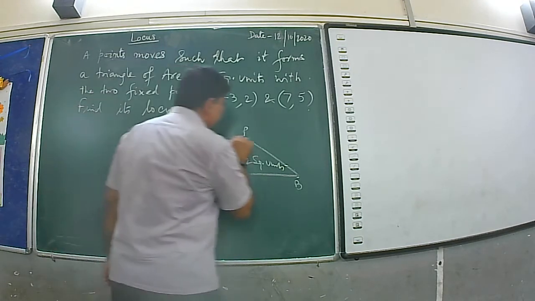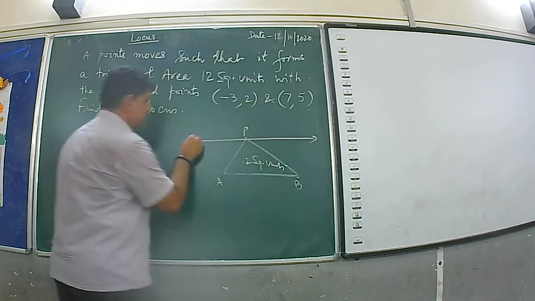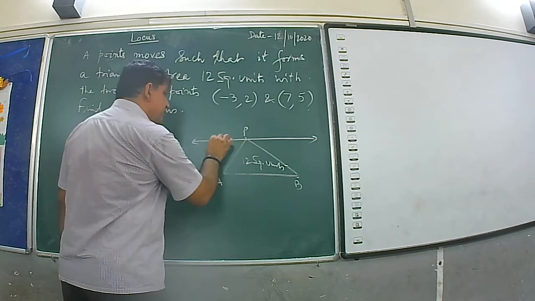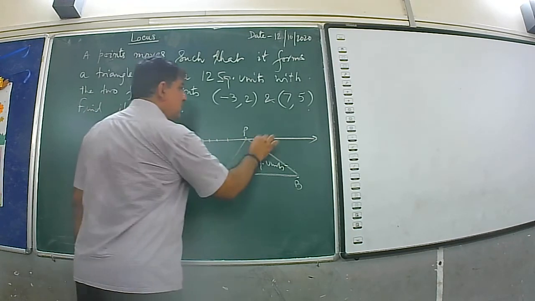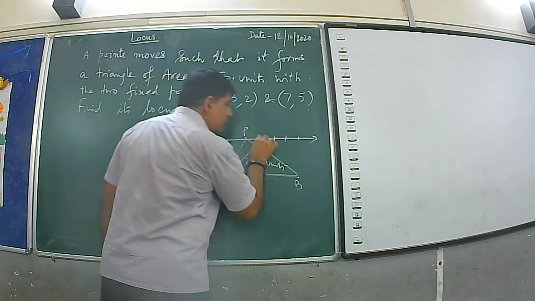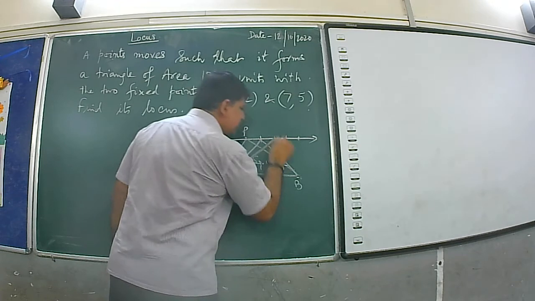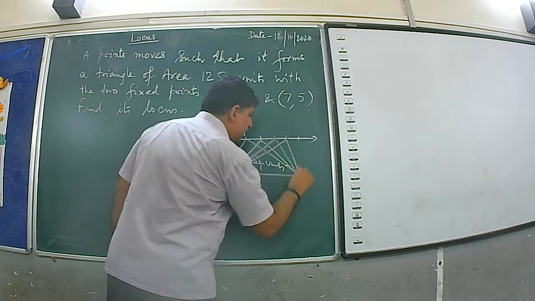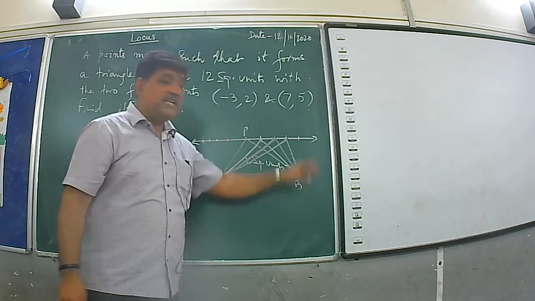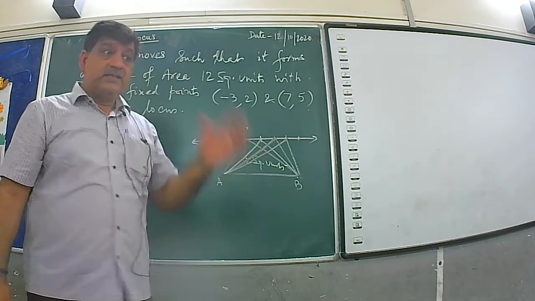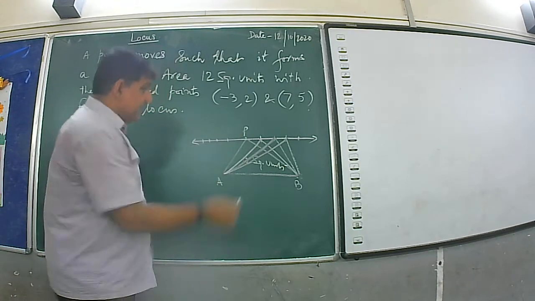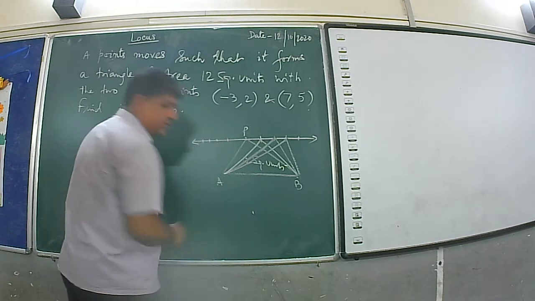So, if we draw a line parallel to AB here, and if we choose several positions of P, then whatever the position of P, the area of the triangle is always 12 square units, because all these triangles are equal in area. Similarly, this may be the position of P, and again there may be a position of P in this direction.